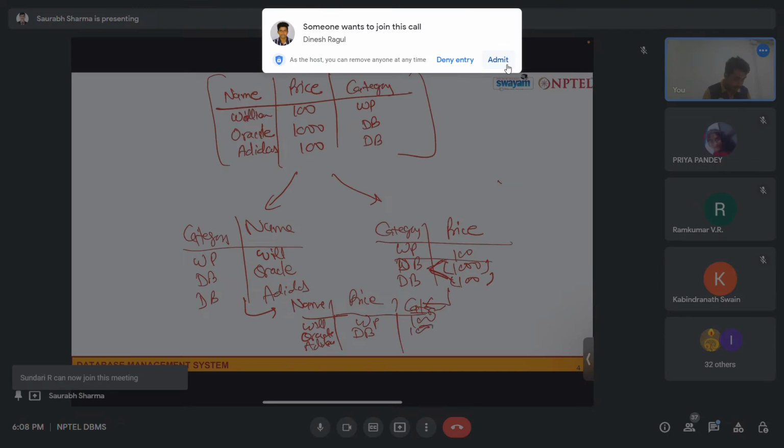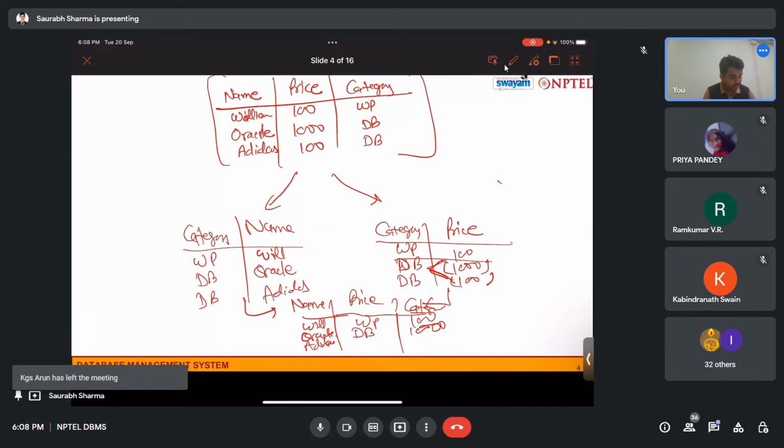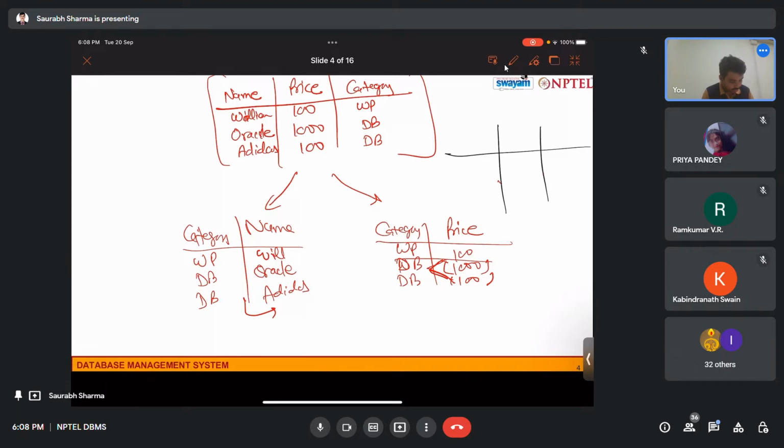Let me write it clearly. There is name, price, and category. For Williams, we will have category WP, and WP is having price 100.